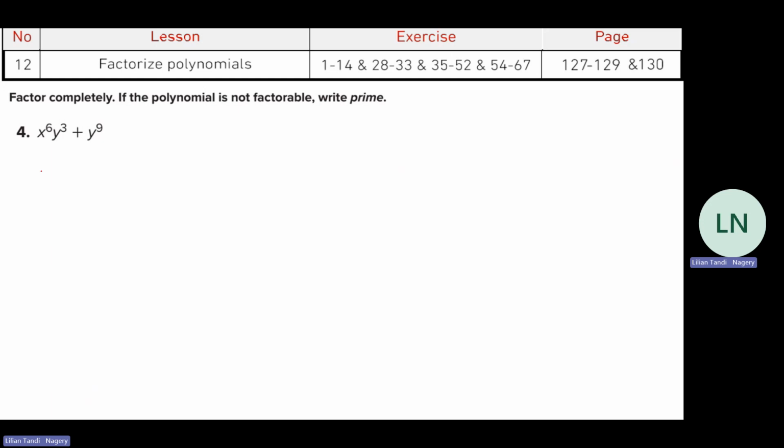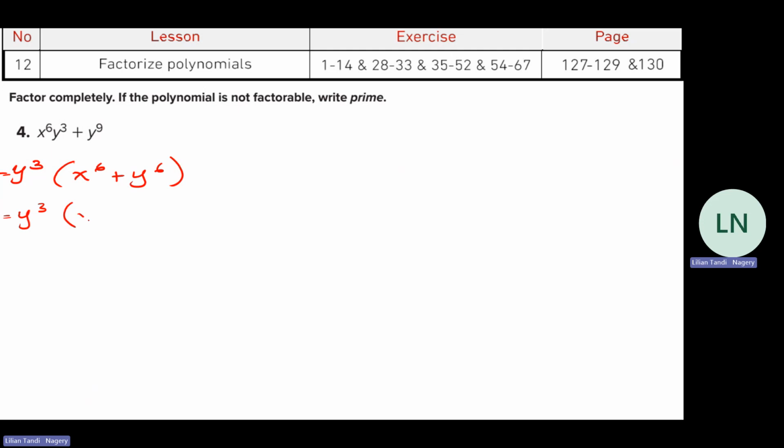If you do GCF for this, you're going to find y cubed is the GCF. You're going to get y cubed times x to the 6 plus y to the 6. You're going to repeat the same. Now, here you're going to do sum of cubes.